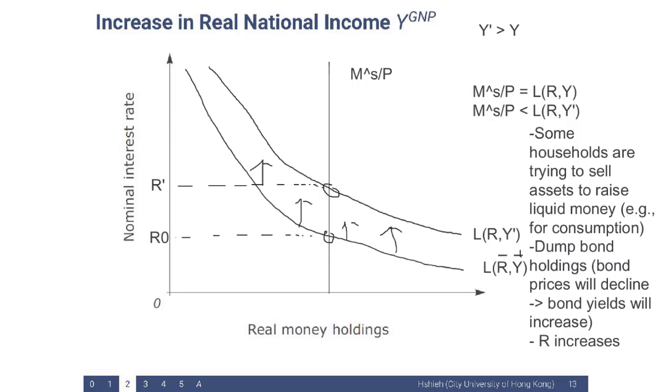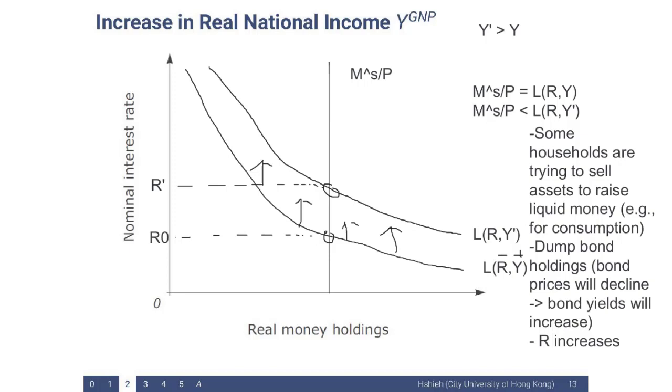So if I decide to increase y to y prime, then the market clearing condition is going to be distorted. The market clearing condition states that real money supply must equal real money demand. If y prime is greater than y, then the entire right-hand side is going to be larger than before, and therefore we have an inequality in which real money supply is lower.